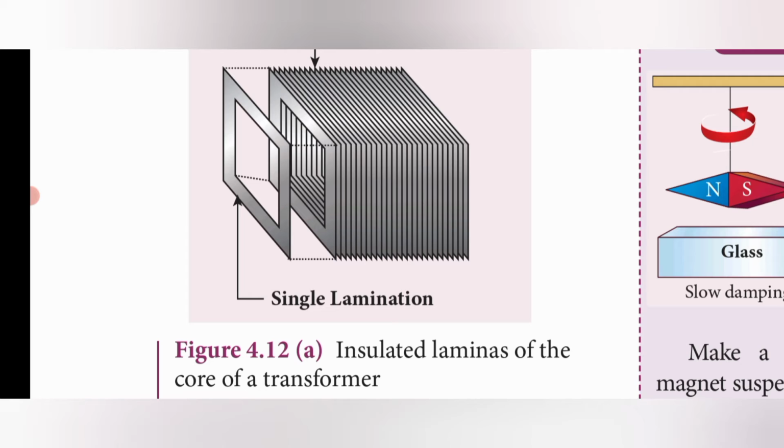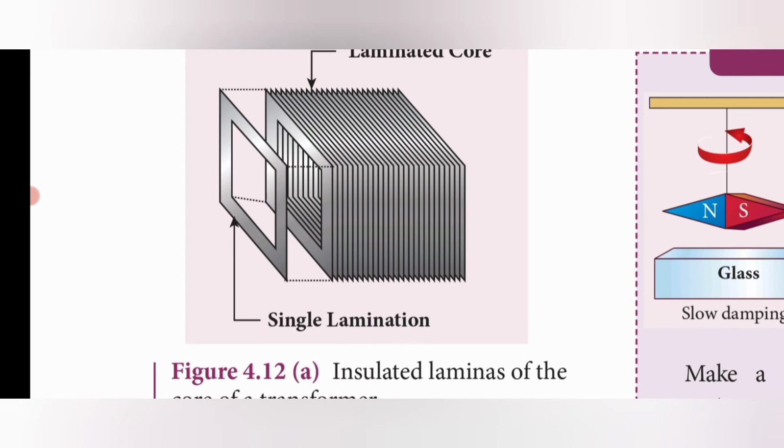In transformer cores also, to reduce these losses, the core of the transformer is made of thin laminated sheets, each sheet insulated from one another. In an electric motor also, the winding is made up of a group of wires that are insulated from one another.